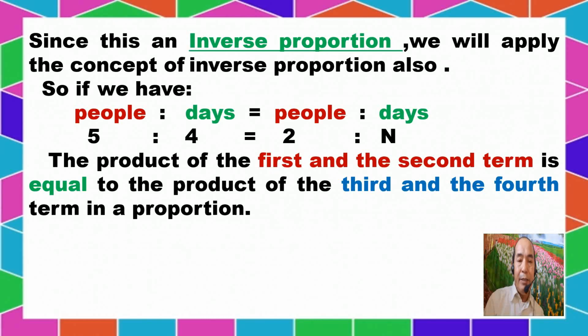So to complete the proportion, using the steps in solving inverse proportion, the product of the first and second term is equals to the product of the third and the fourth term, meaning we will multiply the first term by the second term and we will also multiply the third term to the fourth term of the proportion.